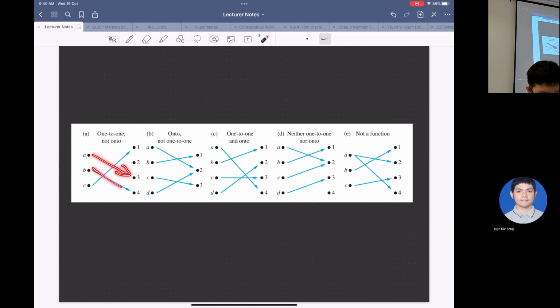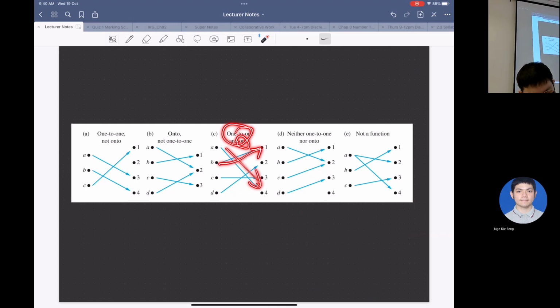Because everyone only gets sent to one element in the codomain. It's not onto because this element has no pre-image. In this one, everyone in the codomain has a pre-image, but it's not one-to-one. Why? Because A and D got sent to the same image.